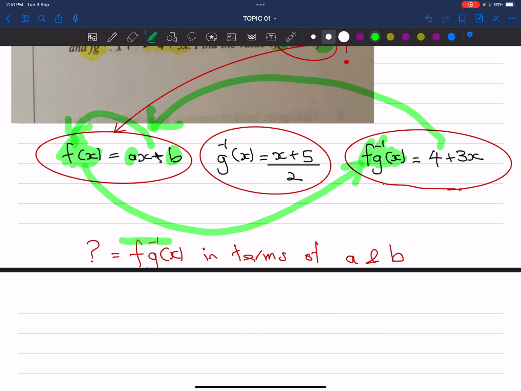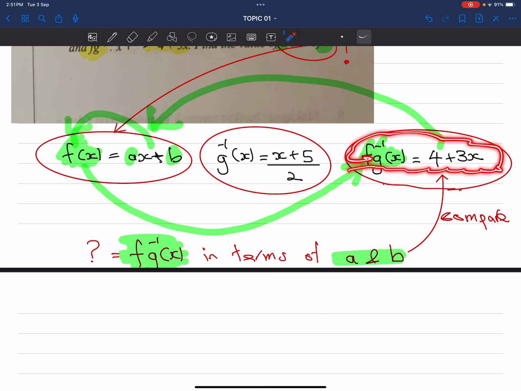Then I'm going to compare with the given fg inverse.